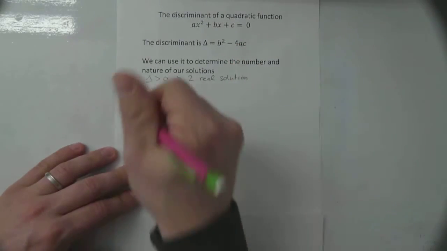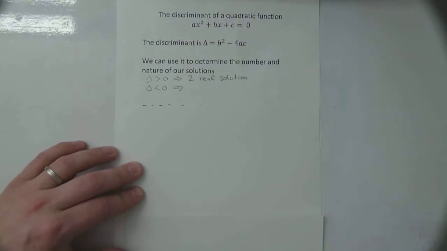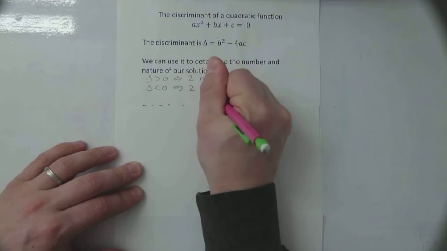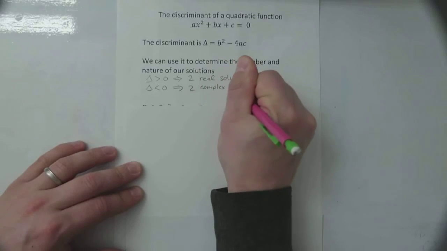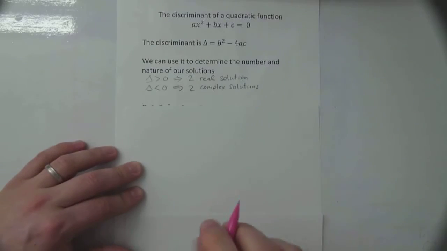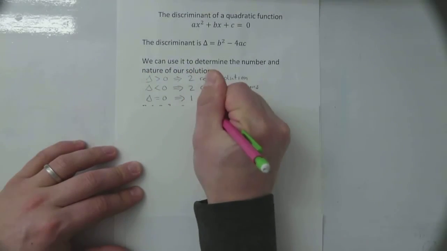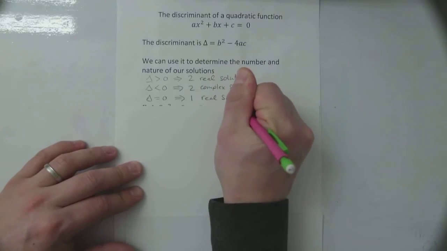That's case 1. Case 2, if delta is less than 0, this will imply that we have 2 complex solutions. The third case, if delta equals 0, this implies we have 1 real solution.